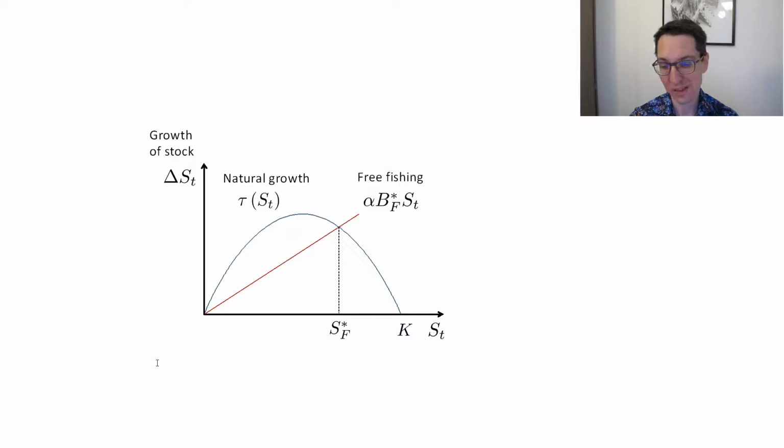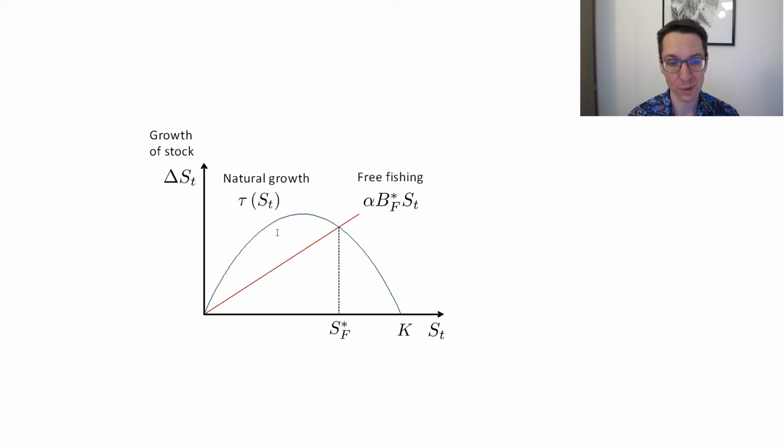And then what is my steady state equilibrium? Well, it used to be K here, but now it's the equilibrium in which the natural growth, tau of S t, is equal to the catches. So every period there would be an increase in the stock of fish, but at the steady state, this natural increase is exactly the number of fish that are caught by fishermen, such that the stock doesn't change.